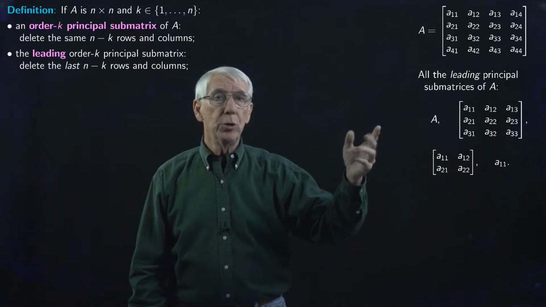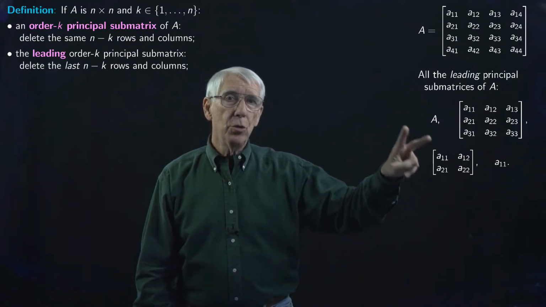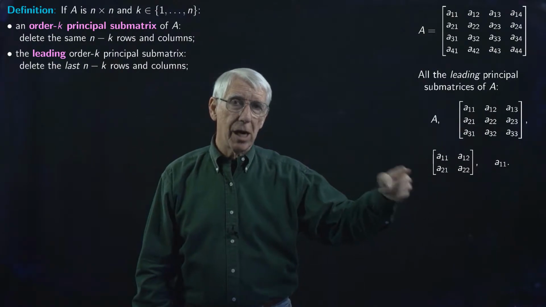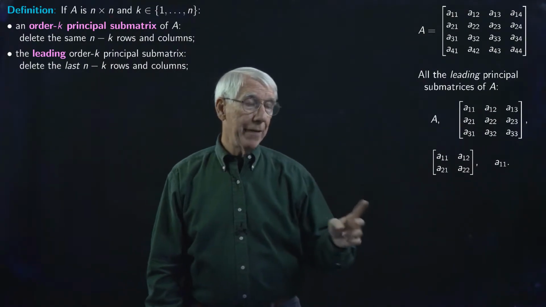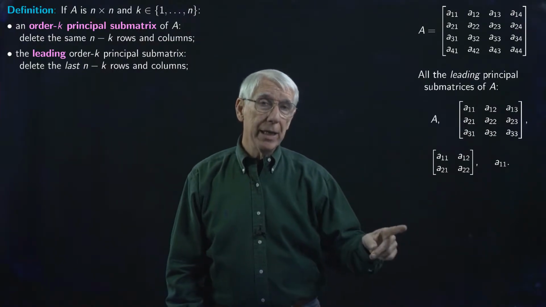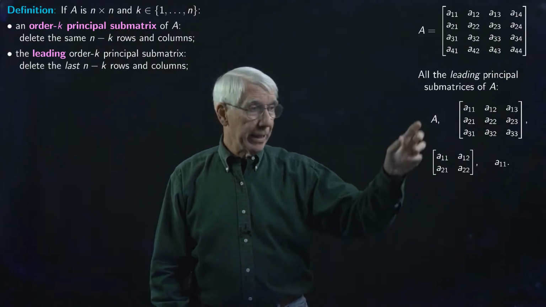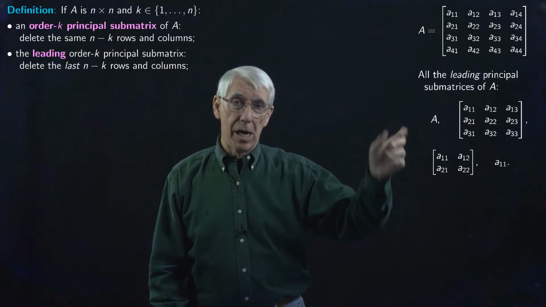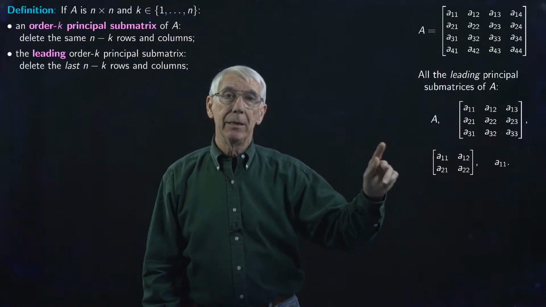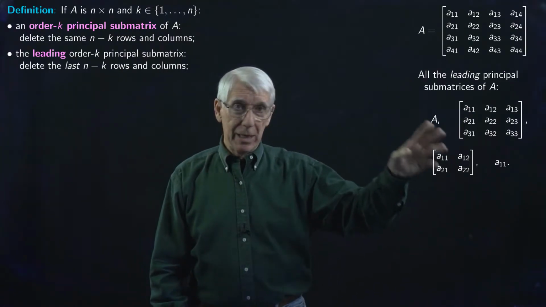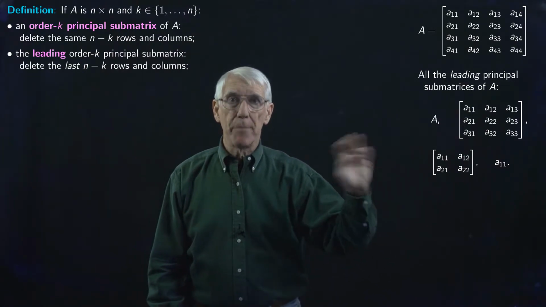For the order 2 leading principal submatrix, we delete the 2 rightmost and bottommost rows and columns, leaving us with a 2 by 2, the upper left part of the original matrix. And the last, order 1 leading principal submatrix, is the one where we've deleted all but one of the columns and rows, leaving a 1 by 1 submatrix. So we end up with 4 leading principal submatrices.